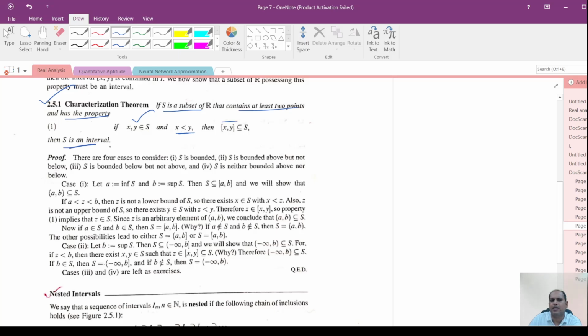Then we will only say that S is an interval. For example, 0 1 union 5 7 is a union of intervals, but not an interval.